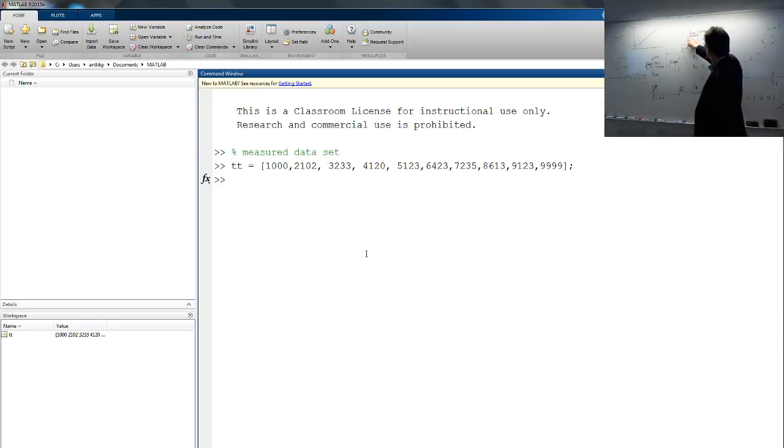So those are my measured times from LCD, and then the corresponding distances would be, say, 10 millimeters, 20, 30, 40, 50, 60, 70, 80, 90.